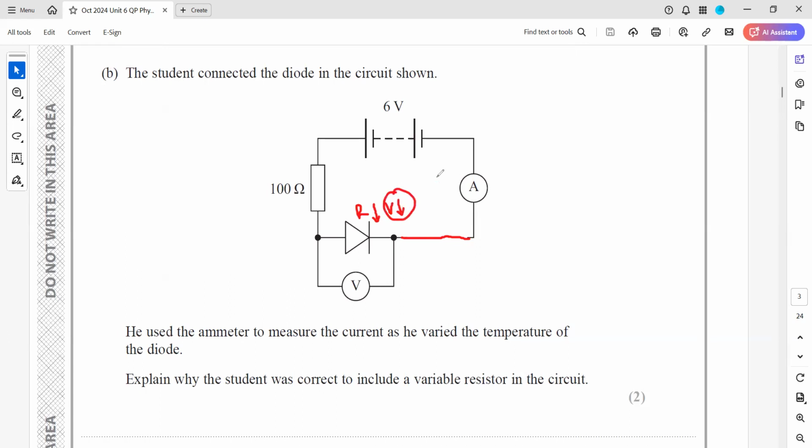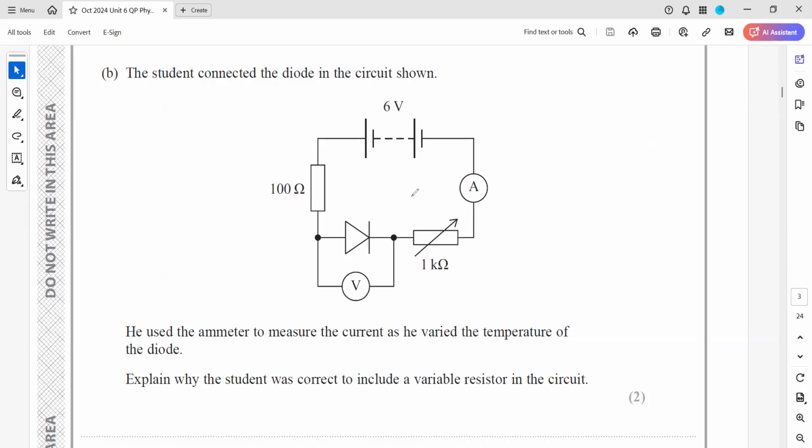If the voltage is changing, that will also have an effect on the current. But we are investigating how the current in the diode is related to the temperature. If we did not have a variable resistor, the voltage across the diode would also change as its resistance changes.